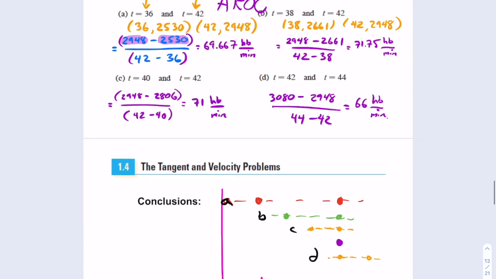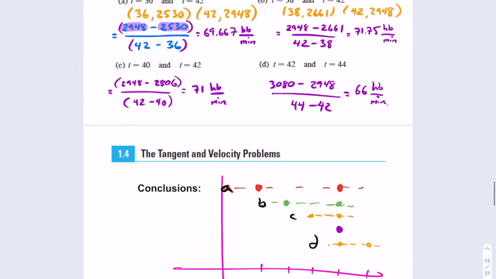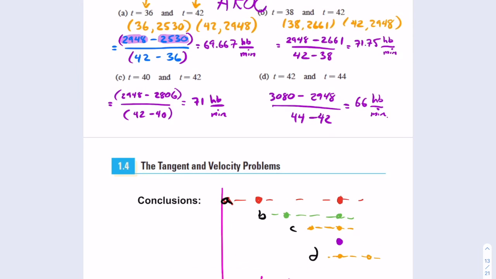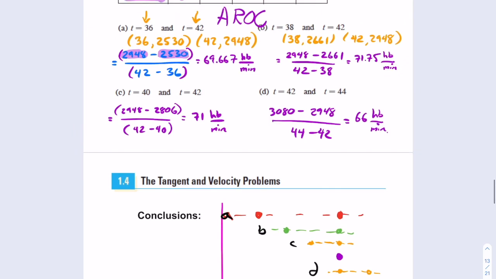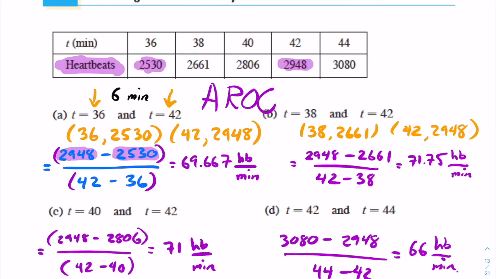Okay, so I'm hoping your answer would have either been C or D. Now, part A and B would not be a good answer because in part A, that's a 6-minute difference, whereas part B is a 4-minute difference. So we're getting a lot closer.